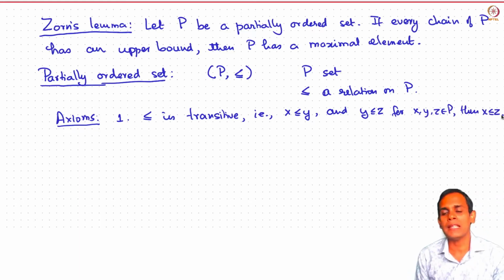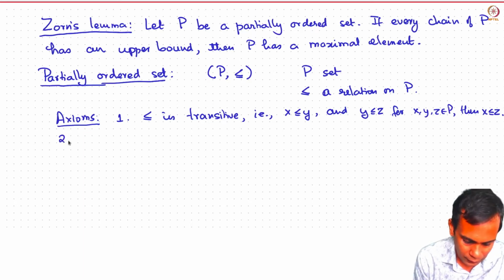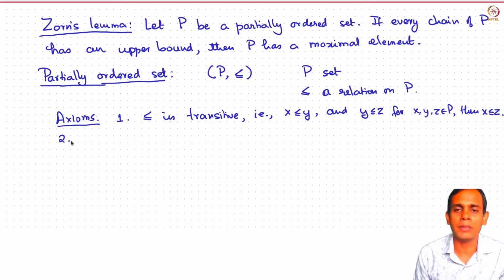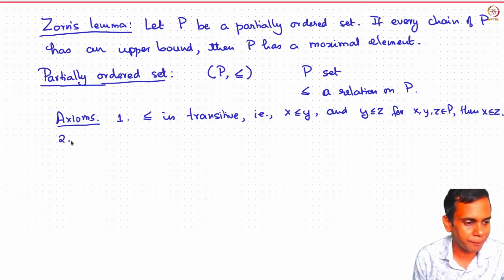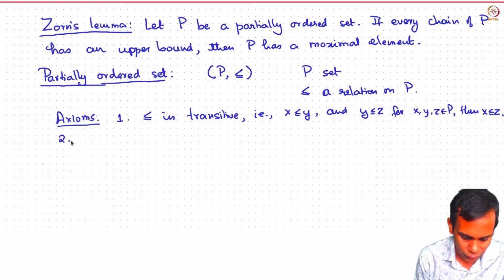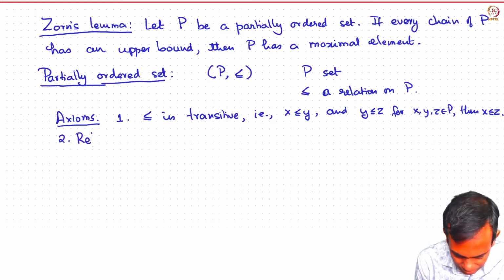So this is a property that we are familiar with, that the order in real numbers or integers satisfies. And the second property is called reflexivity.